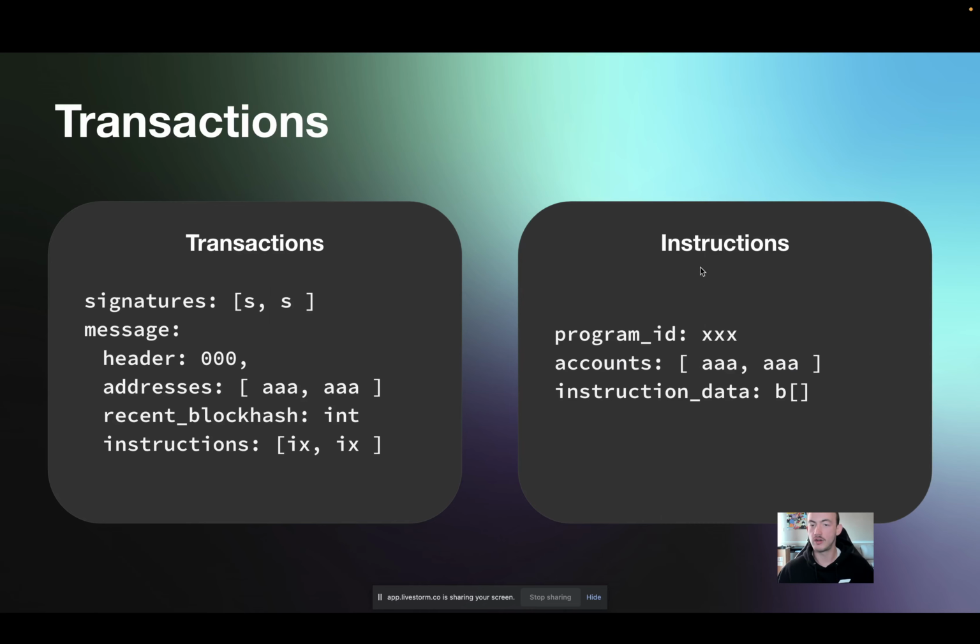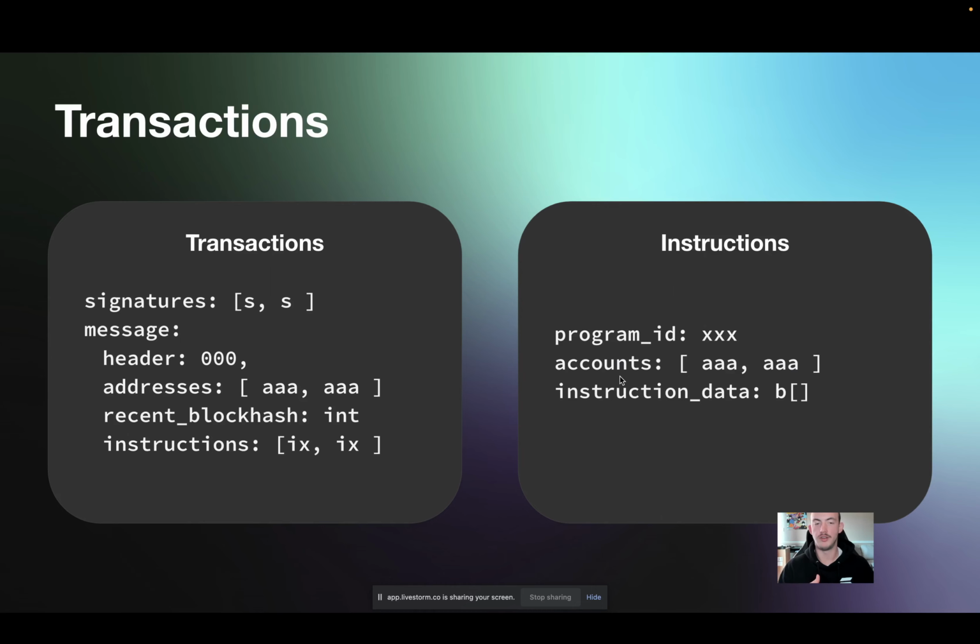And then in the instructions, you can see here, each instruction is pointing to a specific program using its address. Again, because smart contracts are accounts, they all have public keys, which are blockchain addresses. So you tell the instruction which program this is for. And then the accounts are, again, a list of all of the accounts that are needed for this instruction. You can see that addresses and accounts are present in both payloads.